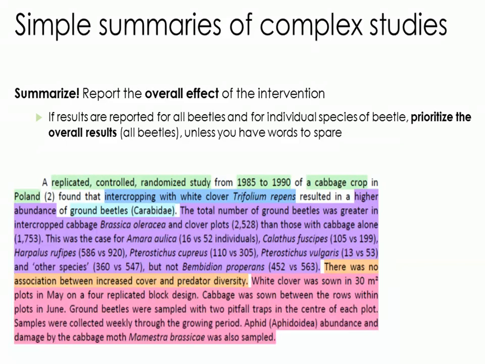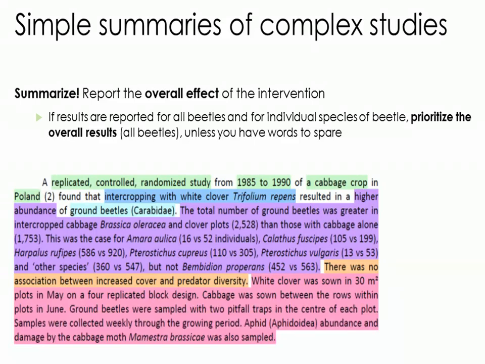Another problem is that multiple taxa will be reported. So beetles, for example. Let's say you're doing a synopsis on beetles, and they report the effects of mowing on ground beetles and ladybirds, and you're not really interested in that. It's too much information for a synopsis. You're really interested in, does this work for beetles in general? Always be thinking about, how can I report that overall effect?